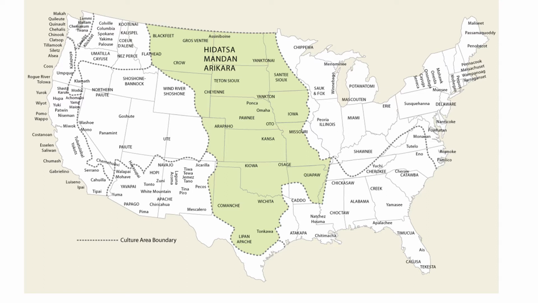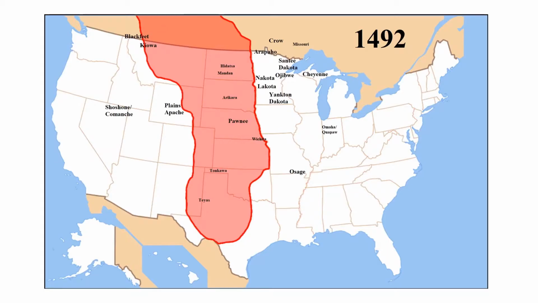Well, that is how things stood as of the 1800s, but it was significantly different from how the region was occupied at the time of European arrivals. So let's take a look at how things stood circa 1492, the arrival of Columbus in those Caribbean islands.